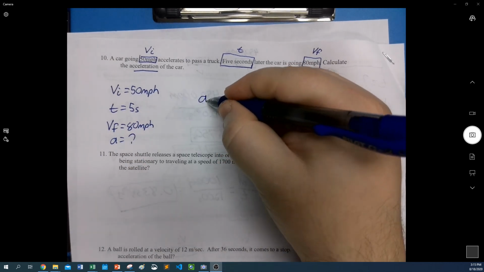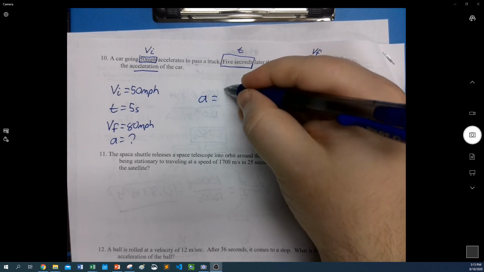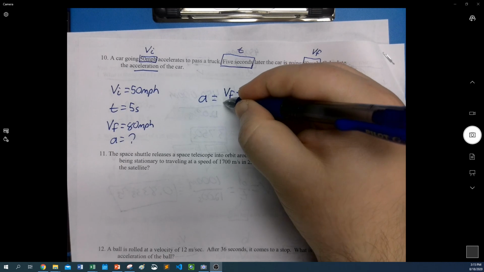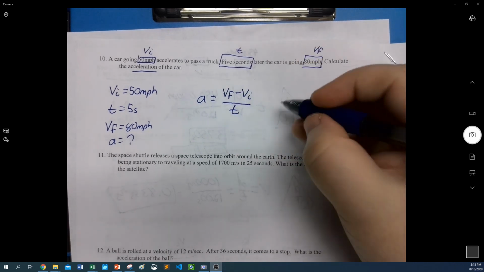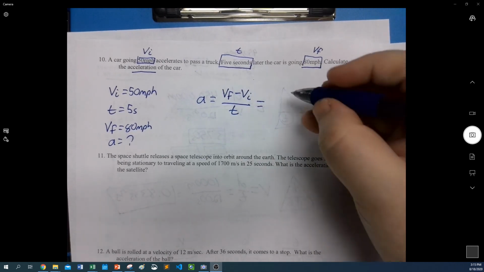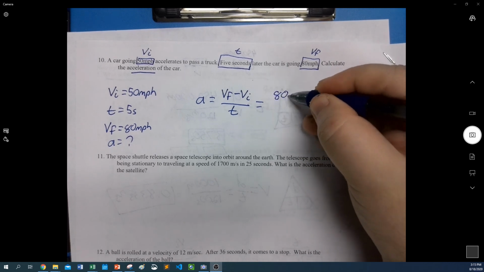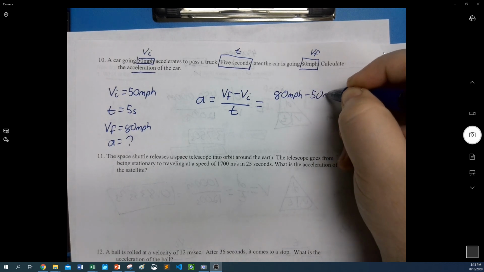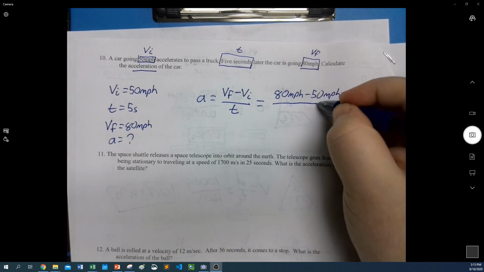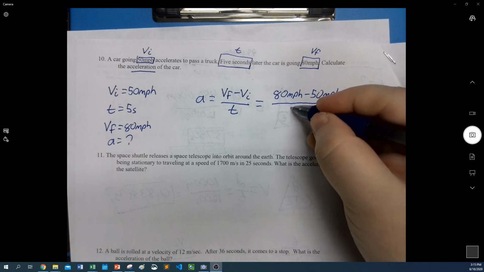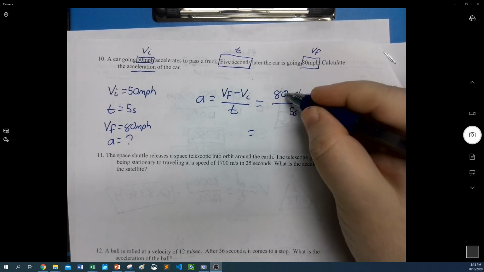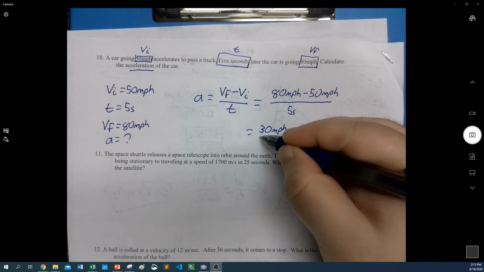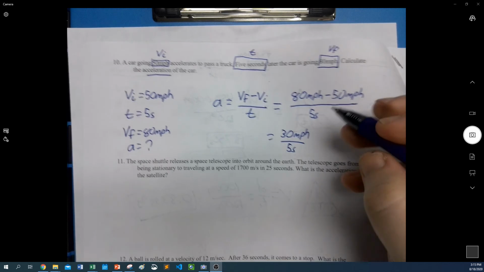So acceleration is equal to final speed minus initial speed divided by time. So that would be 80 miles per hour minus 50 miles per hour divided by 5 seconds. 80 minus 50 is 30 miles per hour divided by 5 seconds.